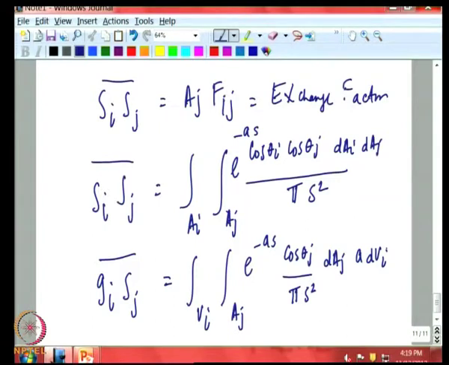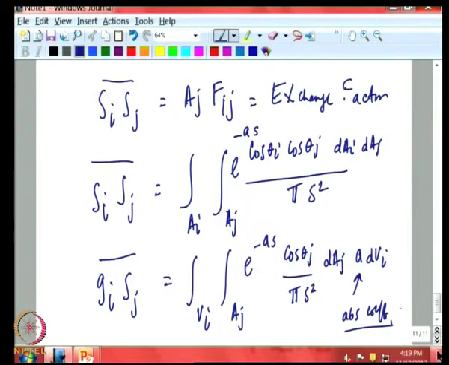So, the main difference is we have replaced dAi by K times dVi, where K is the gray absorption coefficient. So, this is a simple extension of the idea of exchange of radiation between two surfaces to exchange of radiation between a gas volume and a surface area.